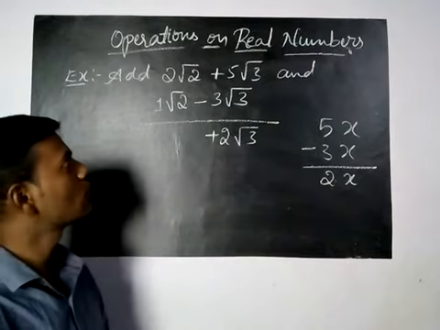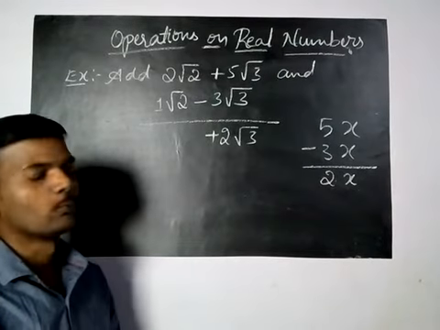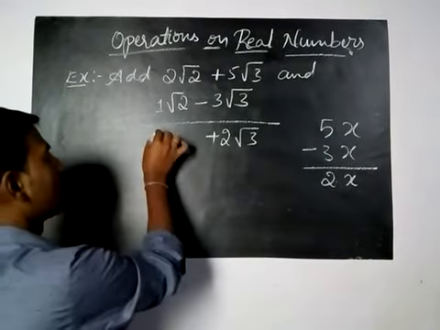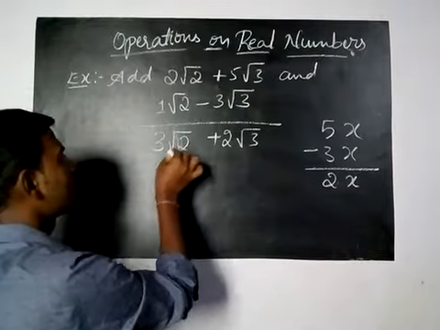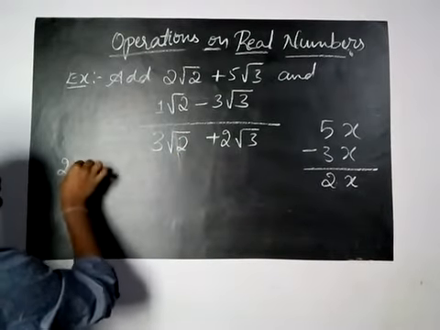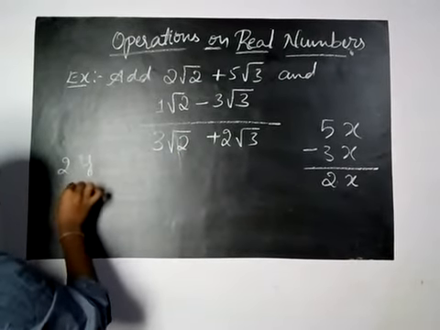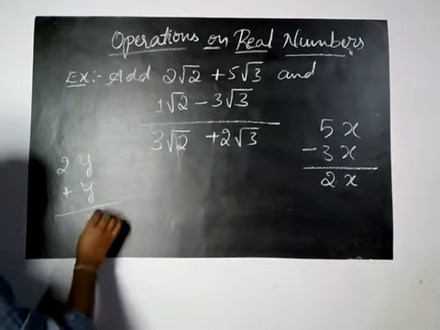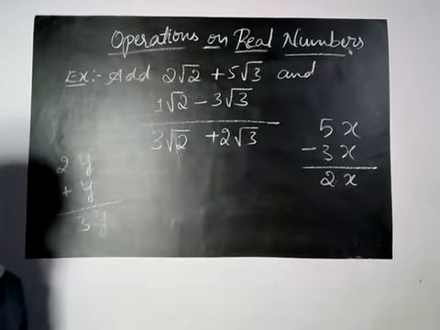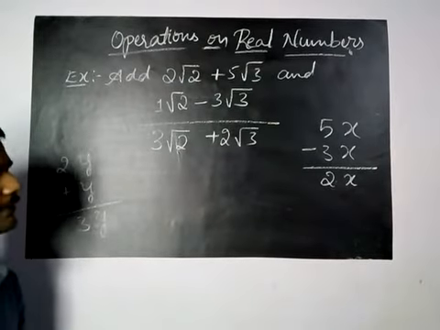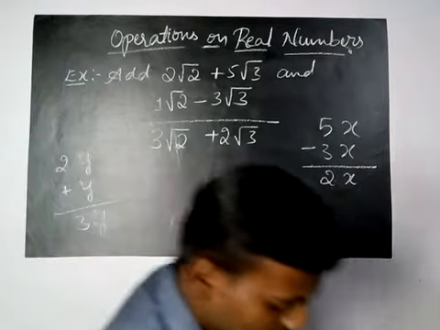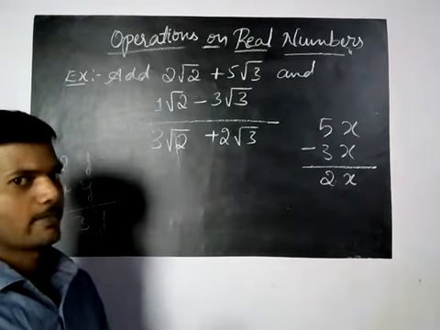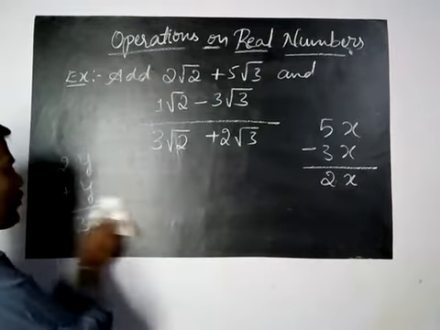So 2 root 2 plus 1 root 2 is 3 root 2, because 2y plus y is 3y, right? In this way we add or subtract the real numbers. Remember these points.